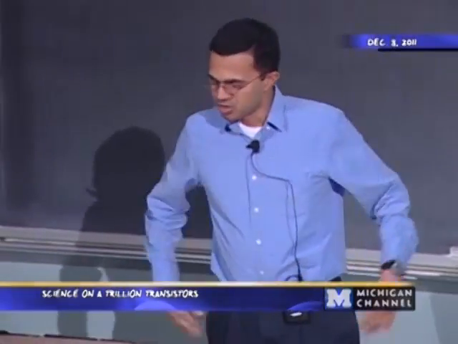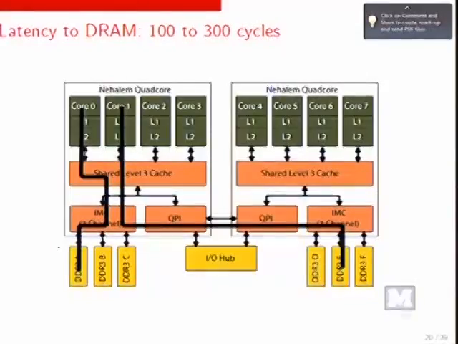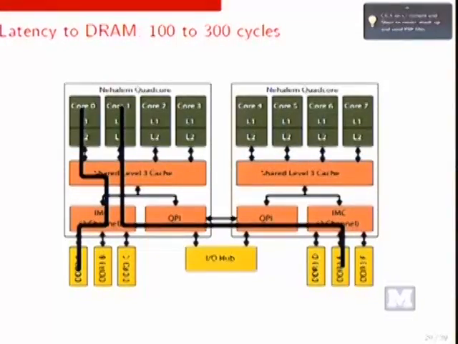So the bits are arranged in rows and columns. And the way the DRAM memory functions is that the data is accessed row by row. So the most interesting thing about the DRAM memory from the point of view of organizing a computer is that the latency to DRAM memory is 100 to 300 cycles.